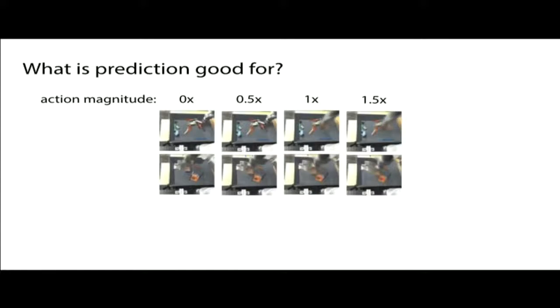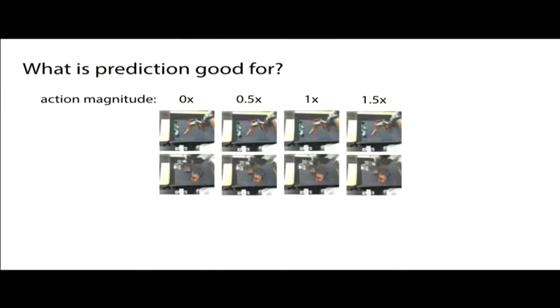You get a different imagination of what's going to happen in the future. Here you can see that the model predicts that the arm is going to move less if you pass in a smaller action magnitude. And if you decrease it even more, it predicts that the objects actually won't move. Likewise, if you go in the other direction, it predicts that the arm will move more. So what this is doing is basically imagining different futures for what the robot might be doing.